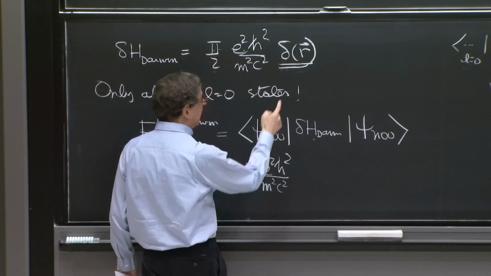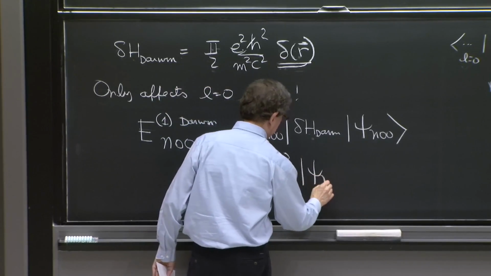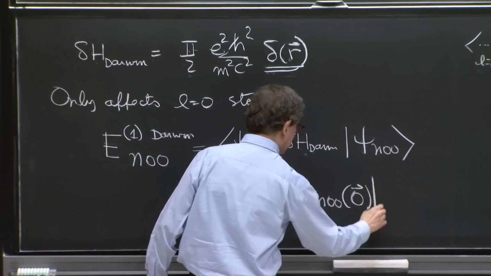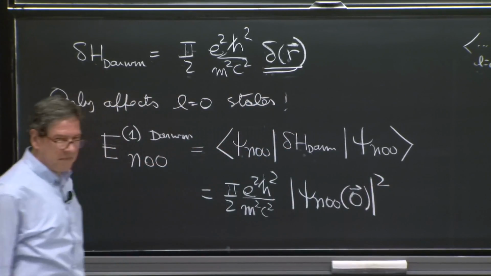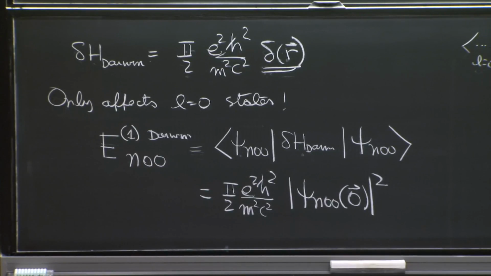So at the end of the day, due to the delta function, it gives us just psi n 0, 0 at the origin squared. That's all it is. Simple enough.